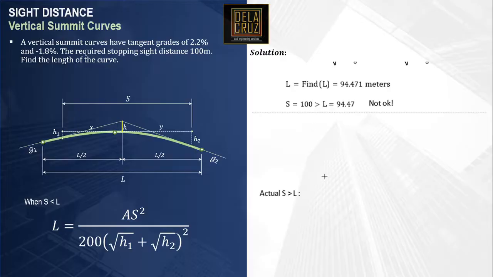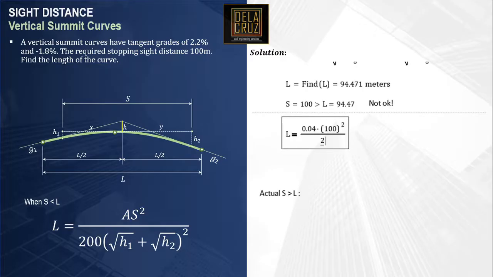If we try to use that one, by the way, if you use A here in percent, that would be 200 in this one. If you use A here as decimal, this would become 100. Okay, it's up to you what you'll be using. So I use A here in decimal. We have here 0.04. S is 100 squared divided by, that would become 2.